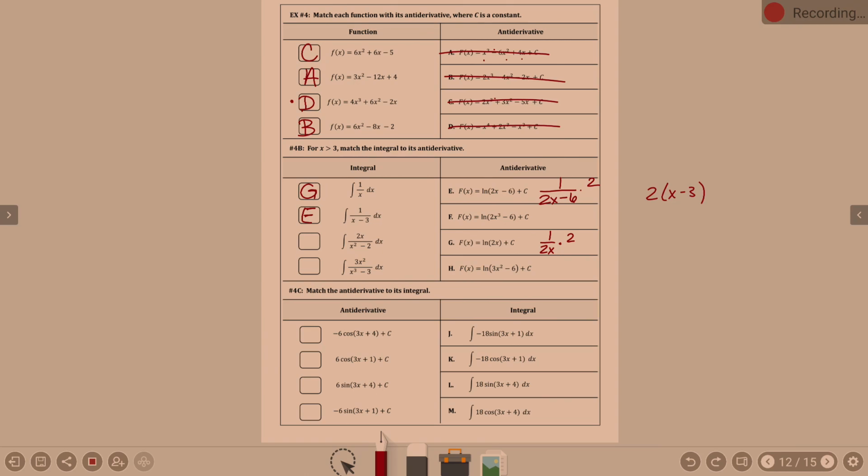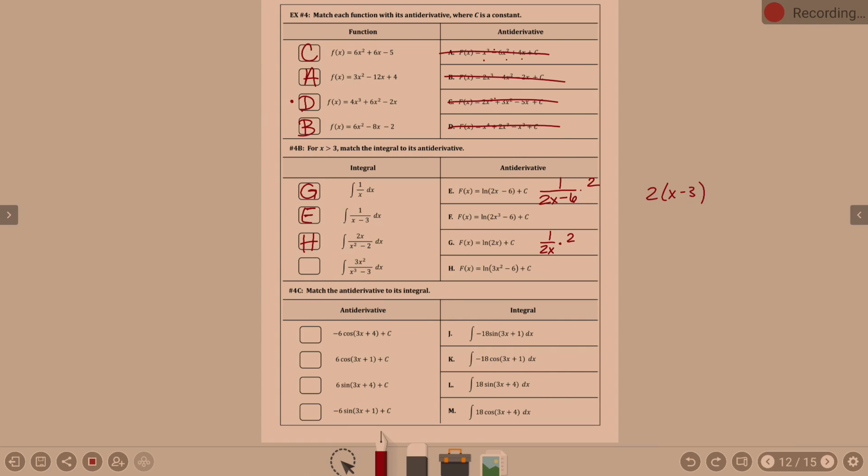Are you guys kind of doing a power trick here as well? Not really. I'm trying to work it out. What I'm looking at, yes, I was looking at the powers. H has x squared, and your answer has x squared. The other one has x cubed.